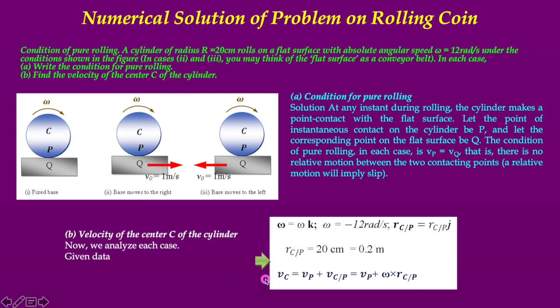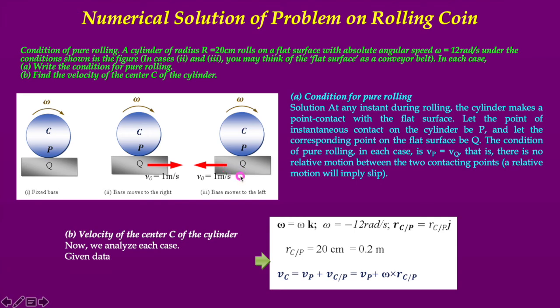Now the velocity V_C is the velocity of P plus the relative velocity of C with respect to P. Now this V_P, as per the condition of pure rolling, is the same as the velocity of the base.